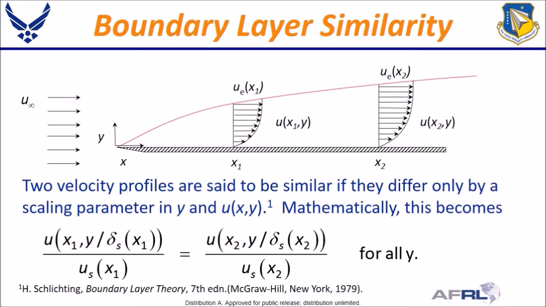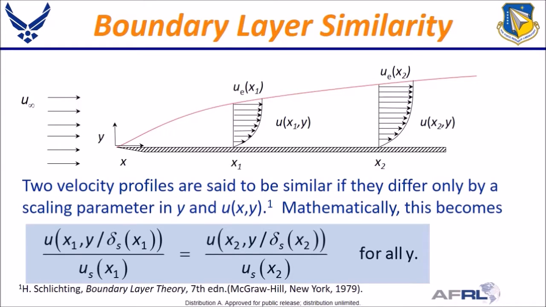Under certain conditions, the scaled velocity profile at x1 will look similar to the scaled velocity profile at x2. The two velocity profiles are said to be similar if they differ only by scaling parameters in y and u at x. Let's take the length scaling parameter as delta sub s, and the velocity scale parameter as u sub s.